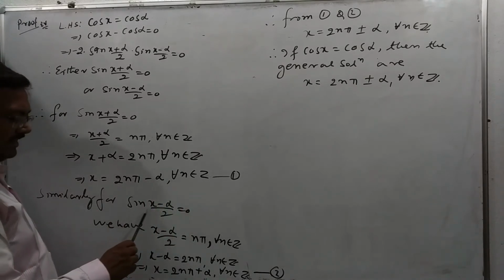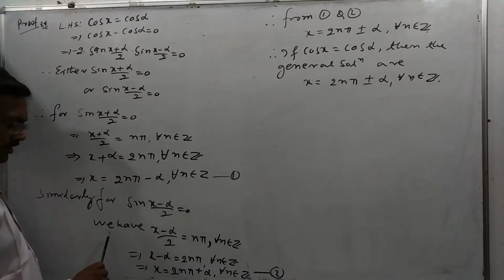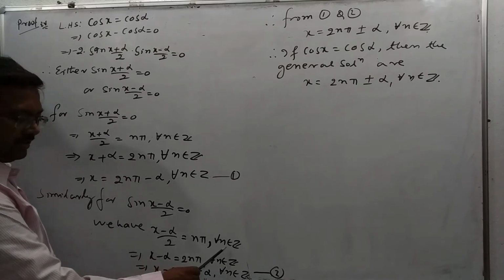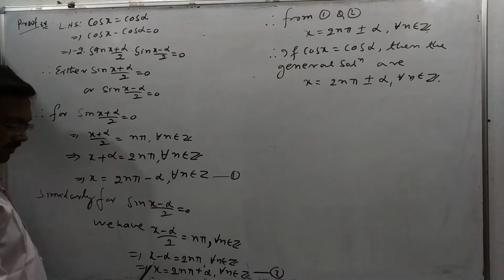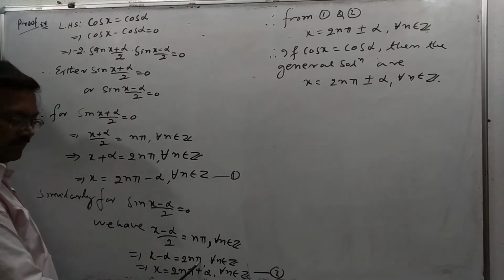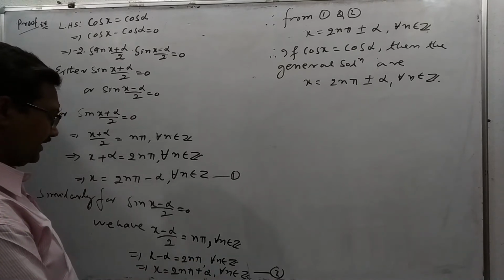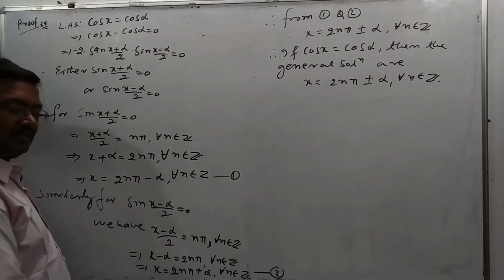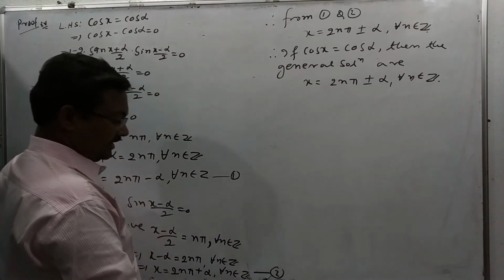Similarly, for sin of x minus alpha by 2 equal to 0, we have x minus alpha by 2 equal to n pi for all n in the integer set. So x minus alpha equals 2n pi, and x equals 2n pi plus alpha for all n in the integer set. This is assertion 2.